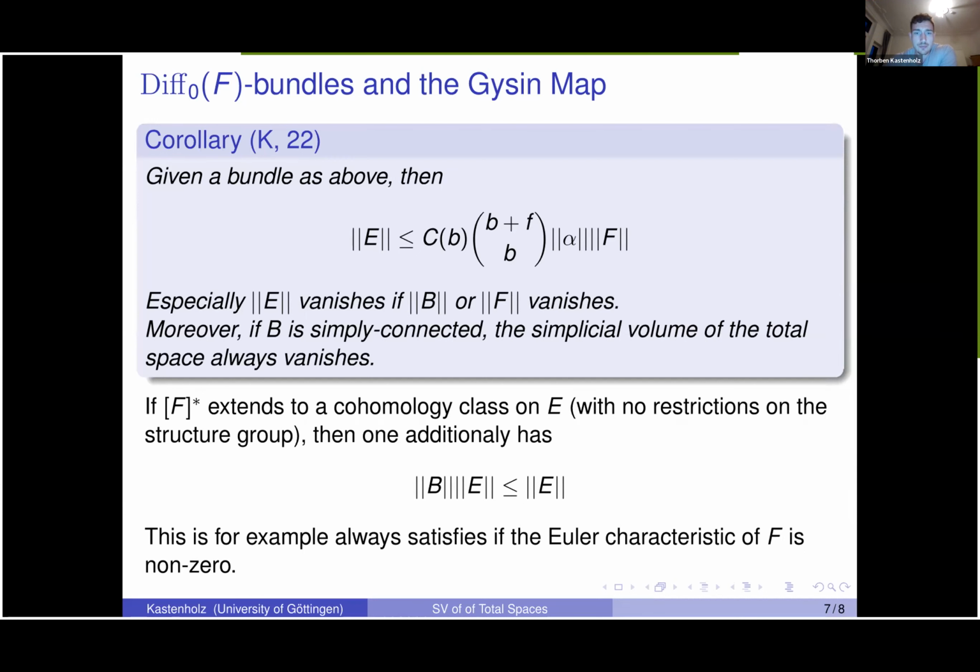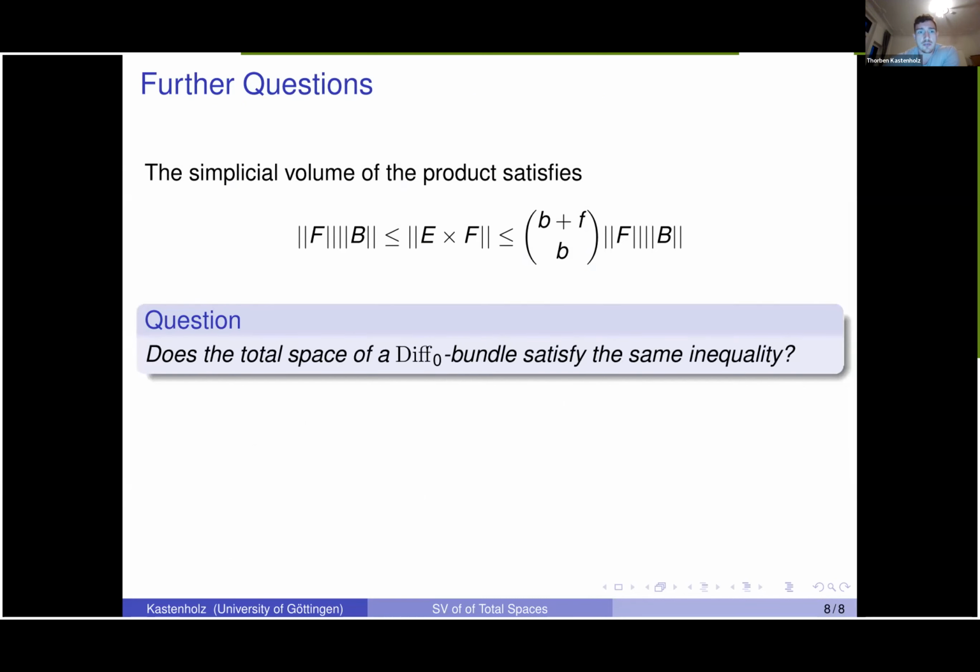So with these inequalities in mind, one can finally ask the following questions. So whenever I consider the product of two manifolds, I get this inequality here. So on the left-hand side, we get the product of the simplicial volume. And on the right-hand side, we get, again, this binomial coefficient times the product of the simplicial volumes.